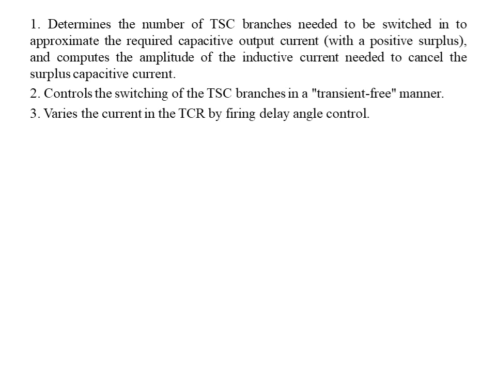One of the best advantages of this type of control is that it switches the TSC branches in a transient-free manner, which means the harmonic content gets reduced. Third, it varies the current in the TCR by firing delay angle control. So there are two types of control: giving switching pulses to the TSC branch and giving the firing angle to the TCR branch.